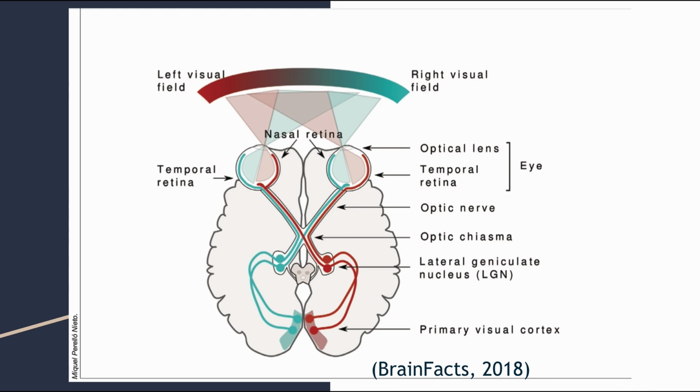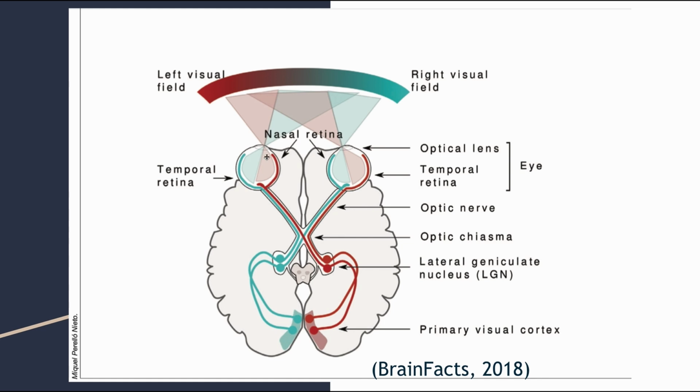Basically, this model shows that in the right eye, the objects in the left side of your vision, colored in this red part, are reflected to this side of your eye, and move along this nerve tract, and end up in the right primary visual cortex in the occipital lobe. And the right side information is reflected to the part of the eye that is closer to your nose, and this crosses the brain and is then stored in the left visual cortex.